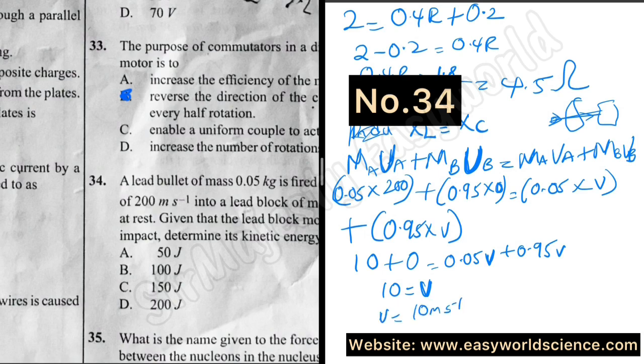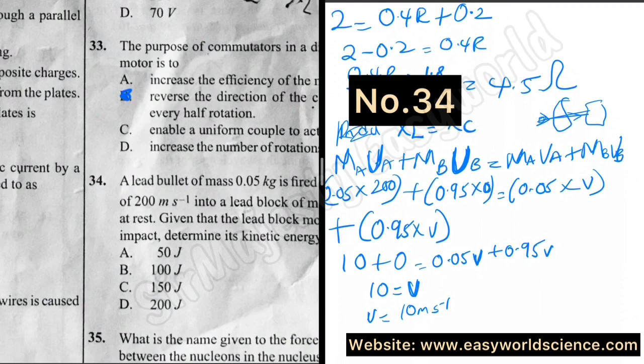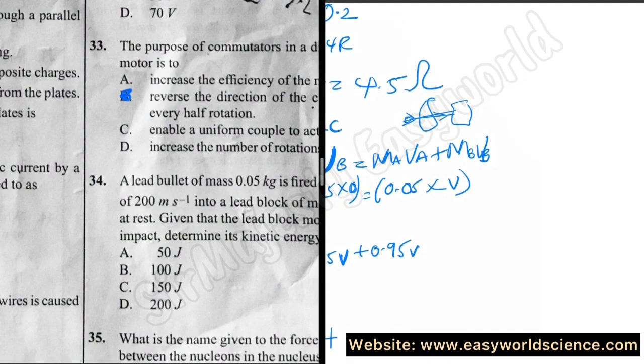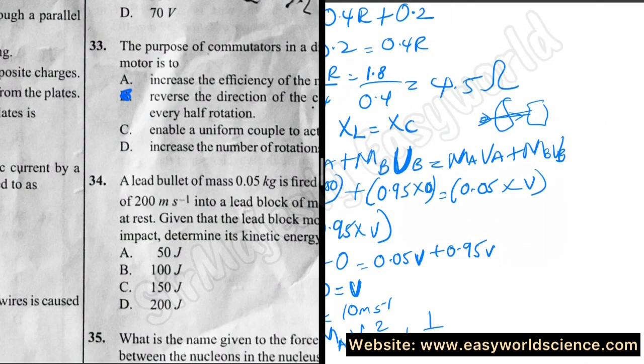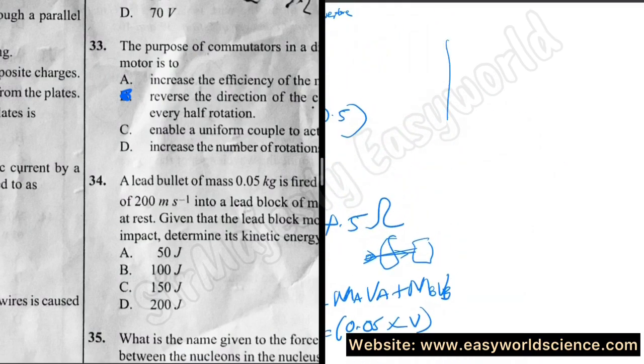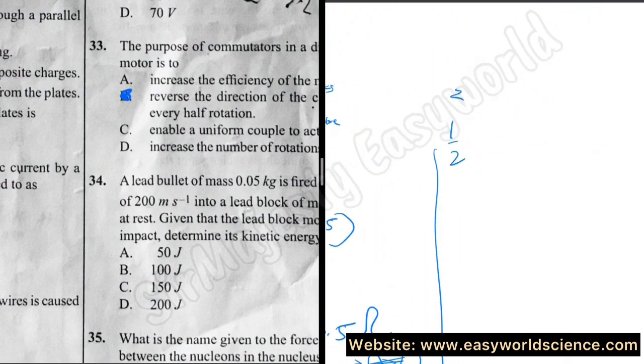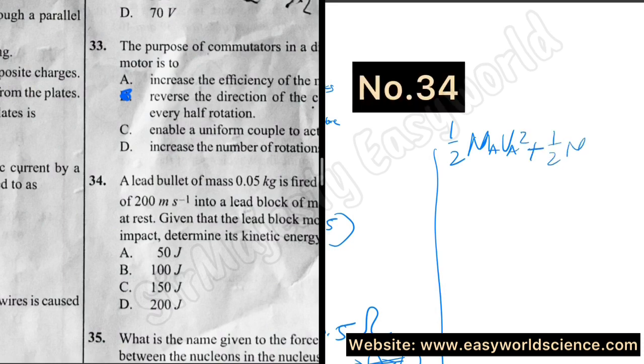So the next thing for us to find now is the total kinetic energy. So how do you determine the kinetic energy? I'm going to find half MA VA squared plus half MB VB squared.